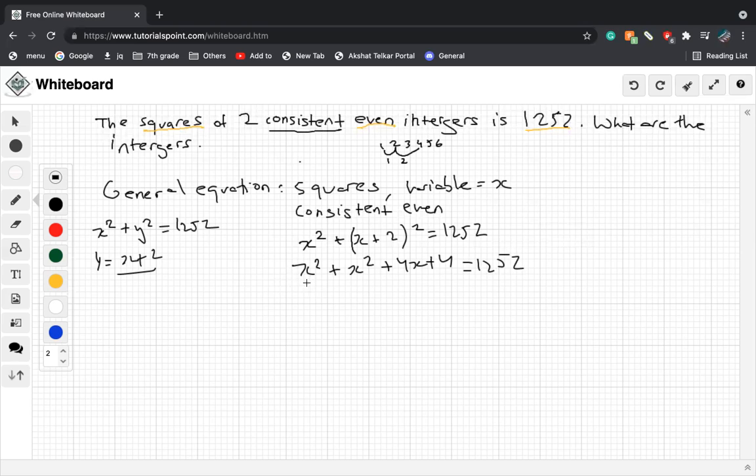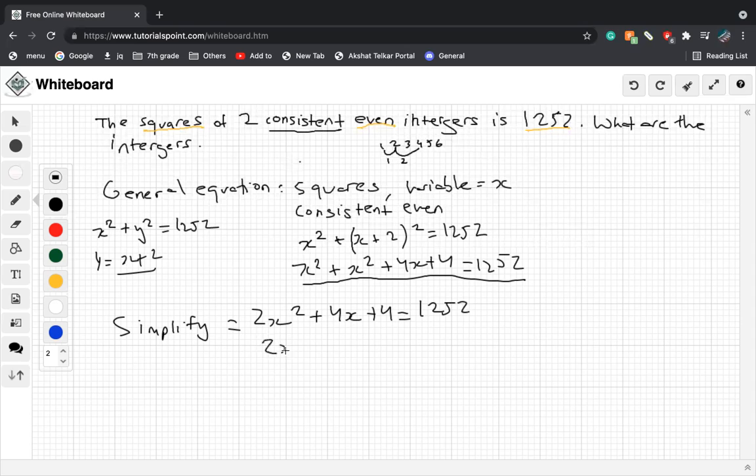So you have the general equation right here. The next part, which is what you will use to find the answer, is simplifying. So 2x squared plus 4x plus 4 equals 1252. You can obviously use your calculator here. 2x squared plus 4x equals 1248.